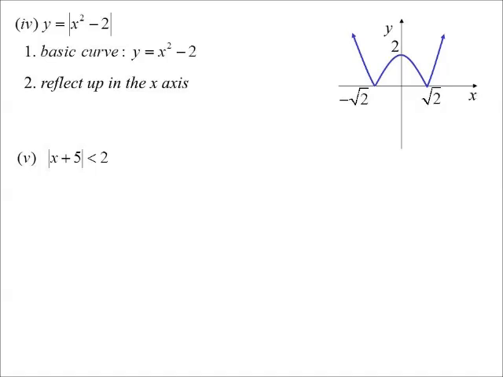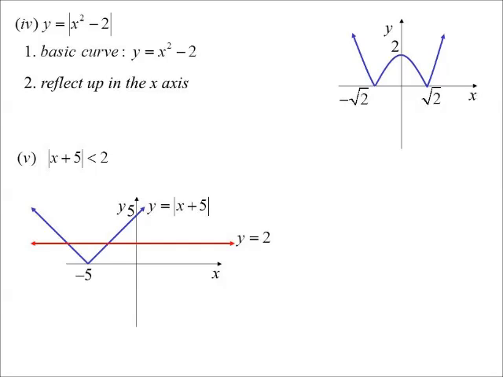Now, if I want to solve an absolute value inequality, I could do that graphically. If I draw in the absolute value of x plus 5, and I draw in the line y equals 2, this is really saying, when is the absolute value curve below the line y equals 2? So if I can find those 2 points of intersection, I could solve it like an equation and come up with the 2 values, and I'm saying, well, when is it below?